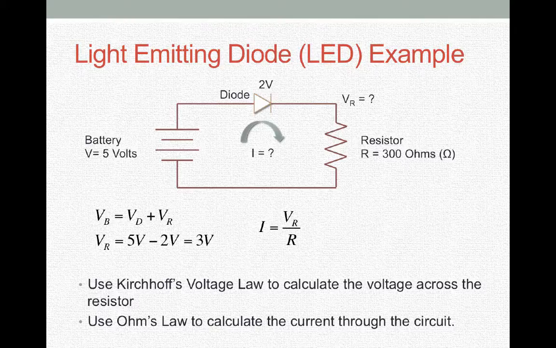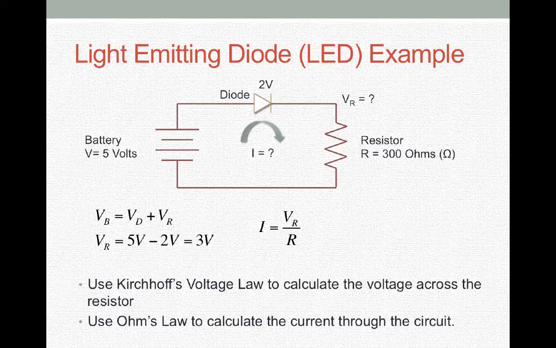So our diode, we know, has a 2 volt drop across it. So what's the drop across the resistor? Well, we can calculate that using Kirchhoff's voltage law. Our supplied voltage, 5 volts, minus the drop from the diode, which is 2 volts, is equal to 3 volts. So we know our voltage drop across our resistor is going to be 3 volts.